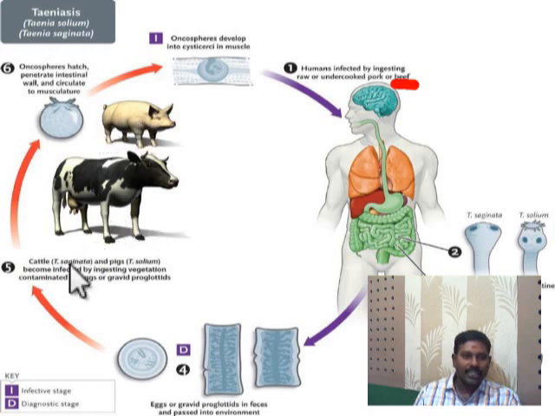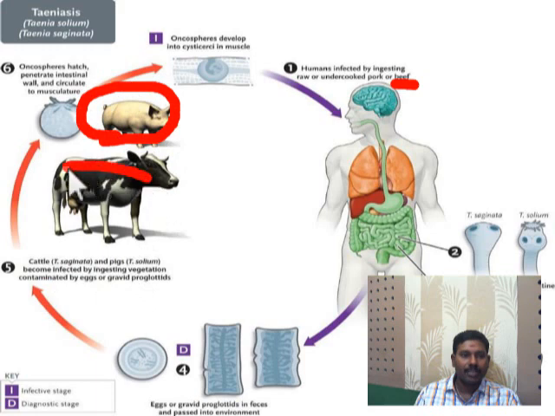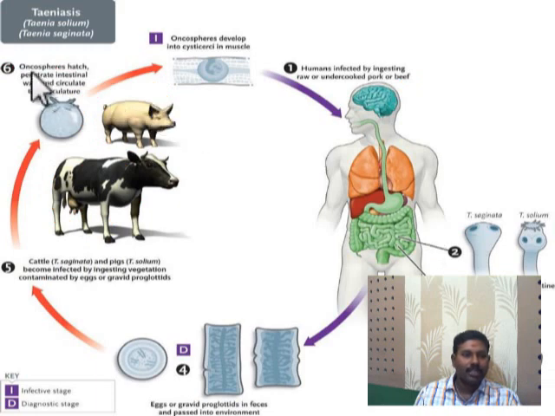In case of Taenia saginata, it will affect the cattle, that is beef. In case of Taenia solium, it will infect the pigs. But the type of larva is the same, the oncosphere larva. Here, these oncospheres hatch, penetrate the intestinal wall and circulate in the muscle.